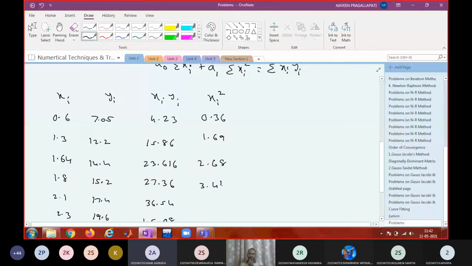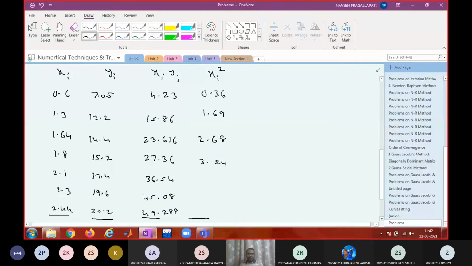Next, 2.1 square, 4.41, or 4.4100. Next, 5.29.